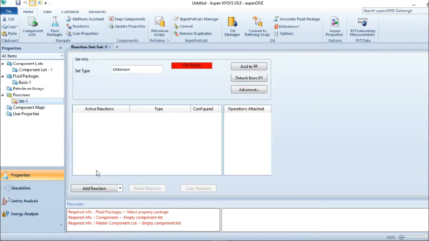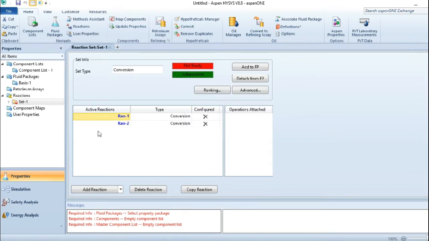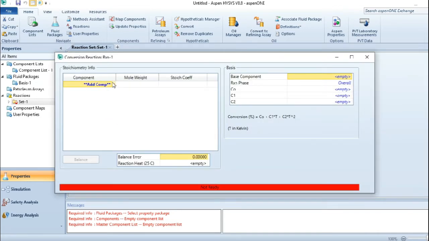I go to add, it's a conversion reaction, so I add. I have two reactions also. After you have added your reaction, you double click on the first reaction and add your components.